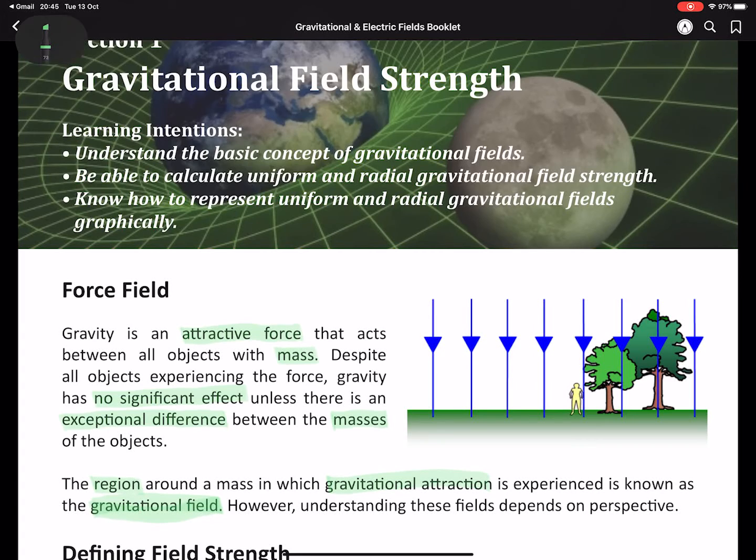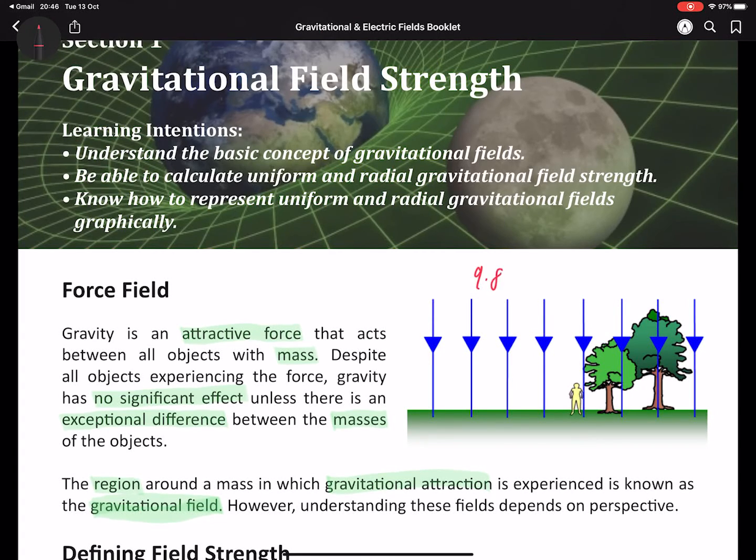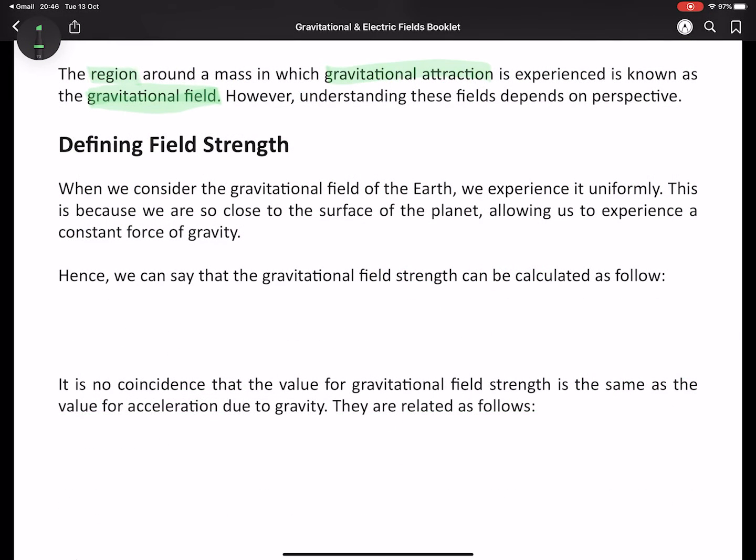Previously, looking at gravitational fields, we considered it to be 9.81 newtons per kilogram as a uniform field across the Earth. Now, this is only really true if we look very closely near the surface of the Earth, where we can treat the field as being uniform.